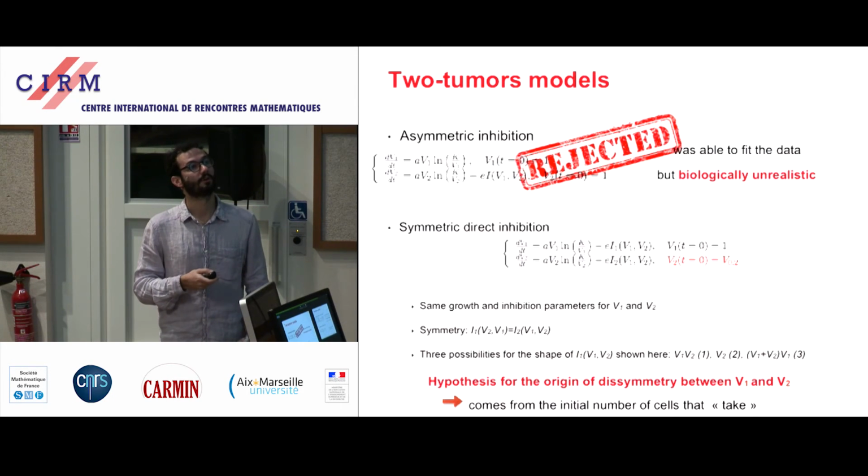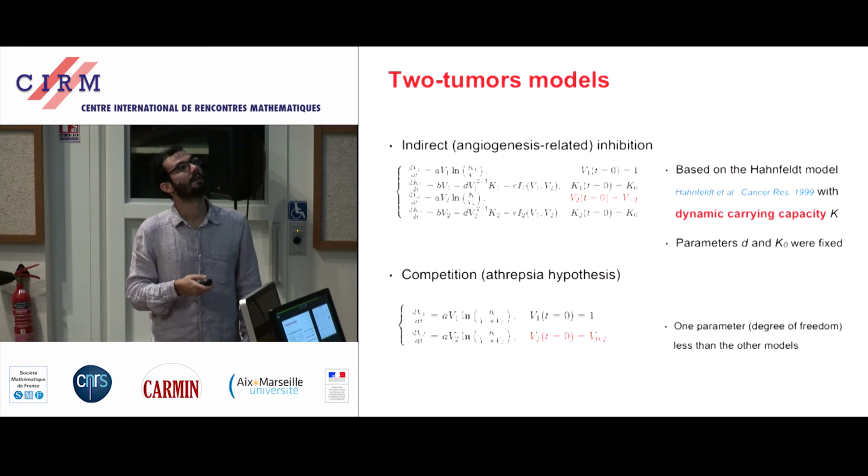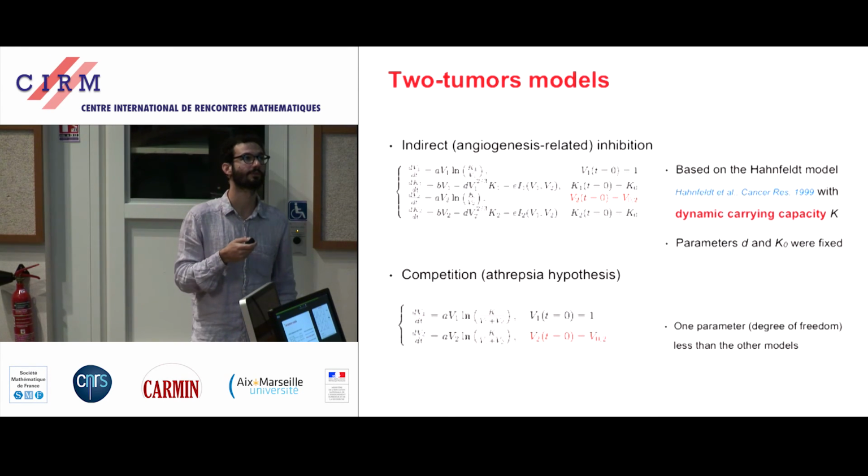Sorry, I don't explain in detail. This is the Gompertz term for the growth, and then the inhibition term. We could also do the same, but using the Hahnfeldt model for inhibition of the growth, meaning indirect inhibition of the growth through angiogenesis.